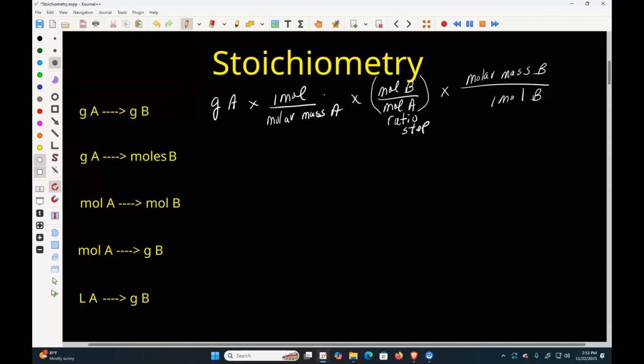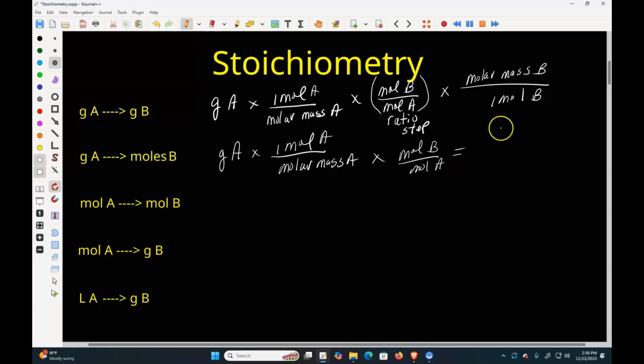If I have grams of A and I'm converting it into moles of B, I'll convert it into moles by multiplying 1 mole of A over the molar mass of A times the ratio step. Okay, so that will cancel out to give me moles of B.